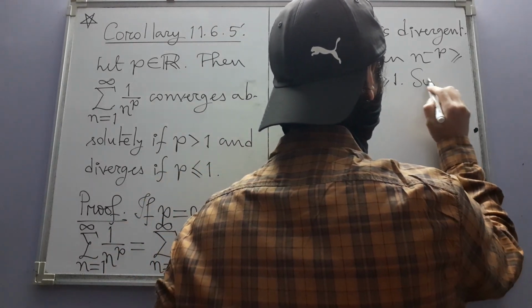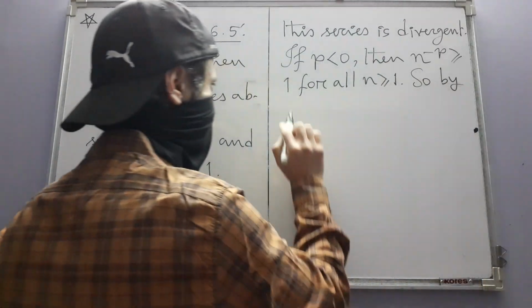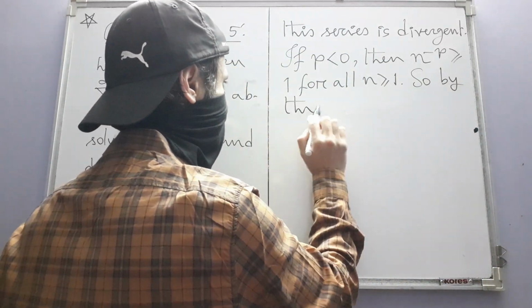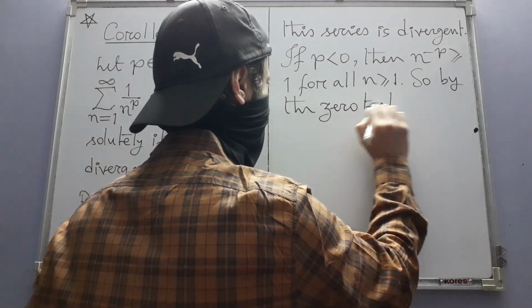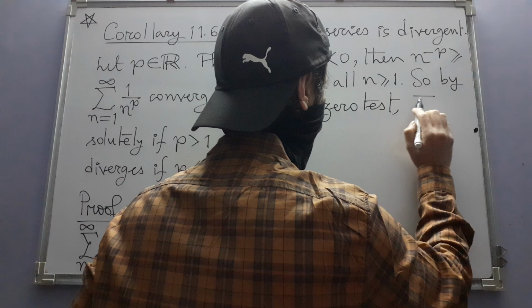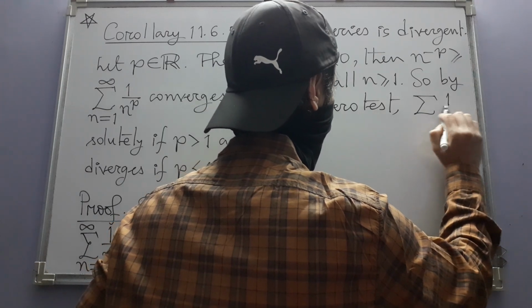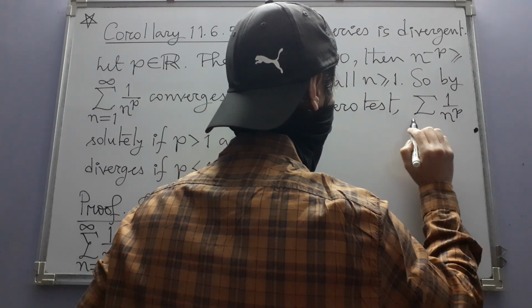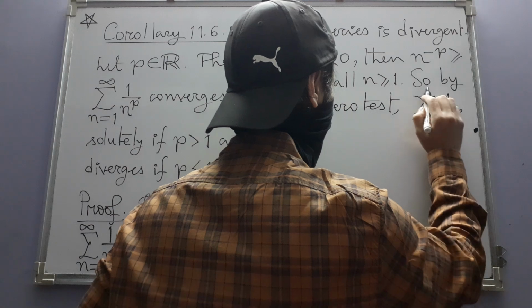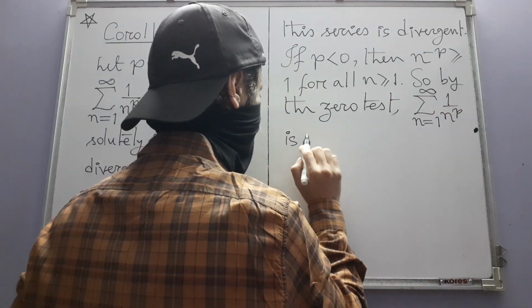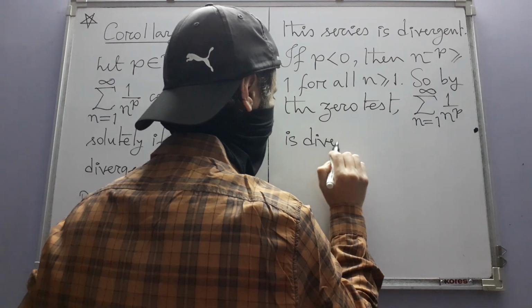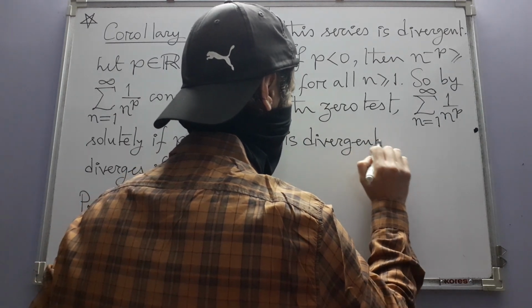So, by the zero test, the series is divergent. Why?